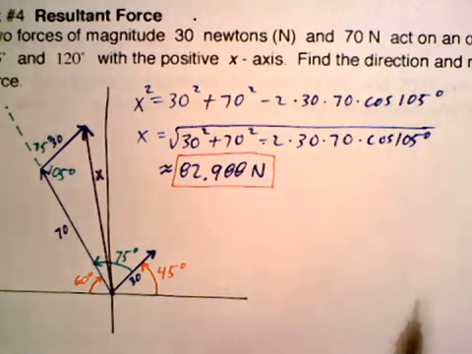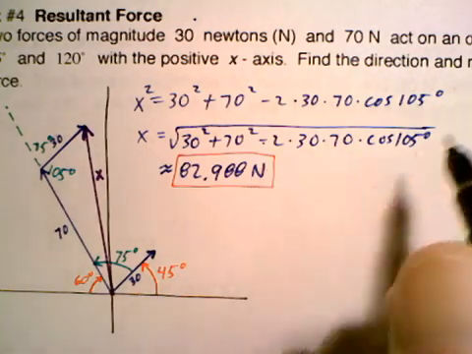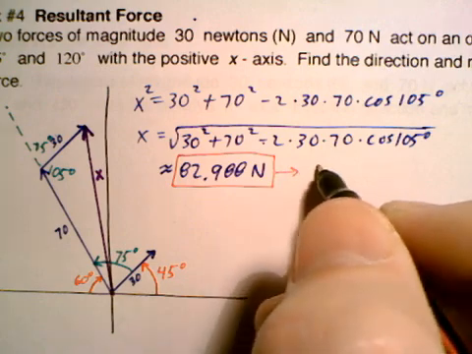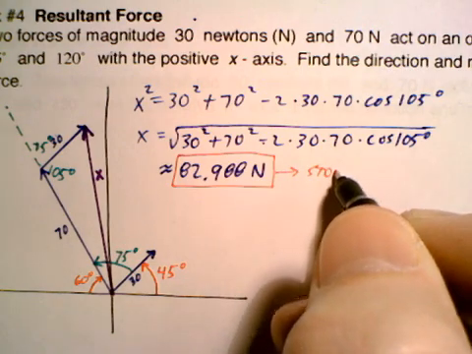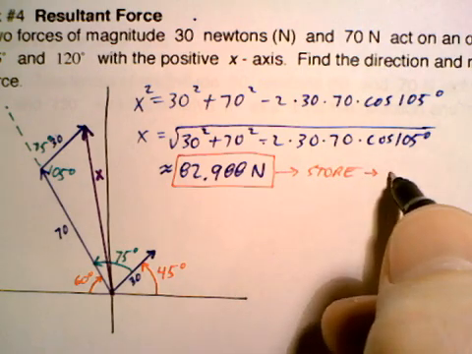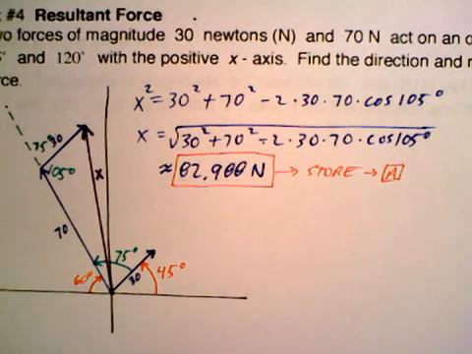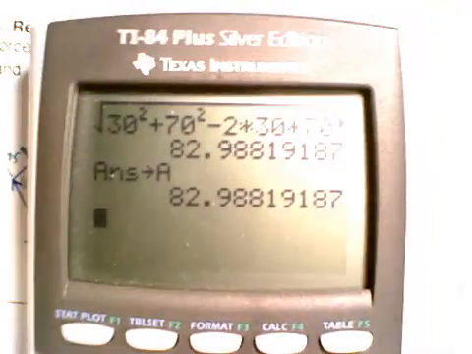Okay, you don't have to write magnitude. I already know. If you write N, that's magnitude. Direction is going to be degrees. And so we need to find the degrees. By the way, you're going to store that value. That's really important. Store that, and I always store it in A, so I'm going to just use A to represent that value. So STO is the button right above the on button, alpha A, enter, and that gives us that value right there.